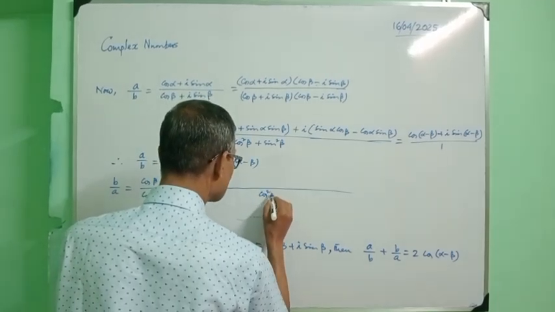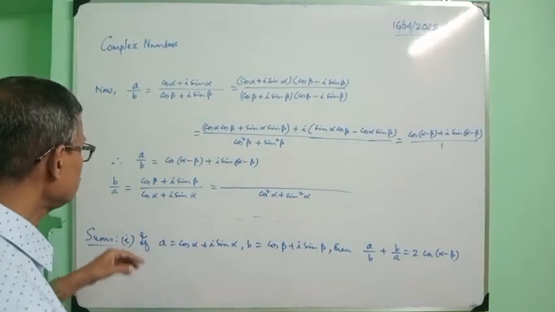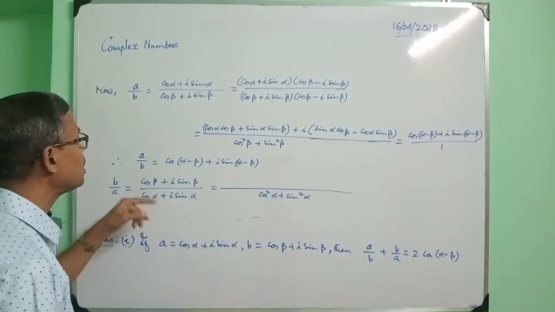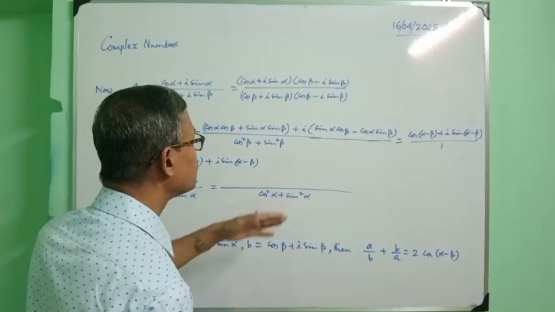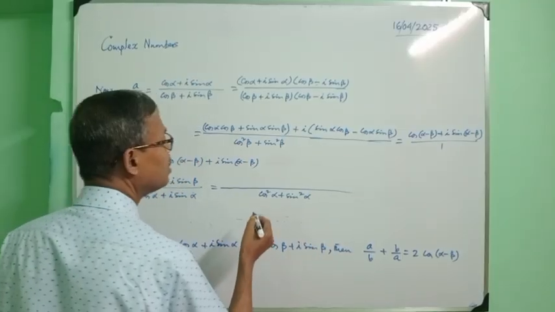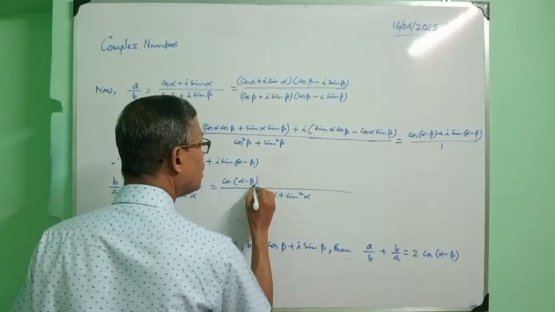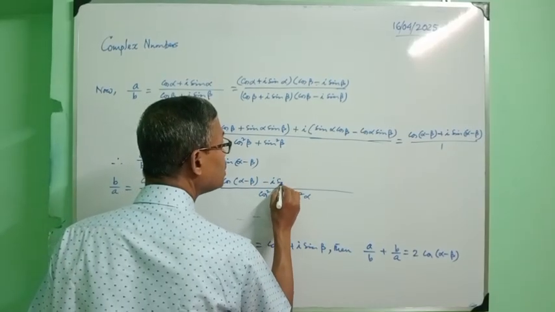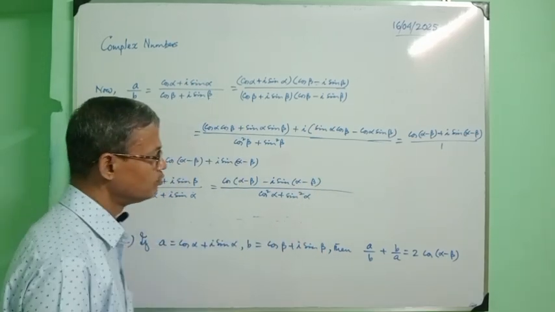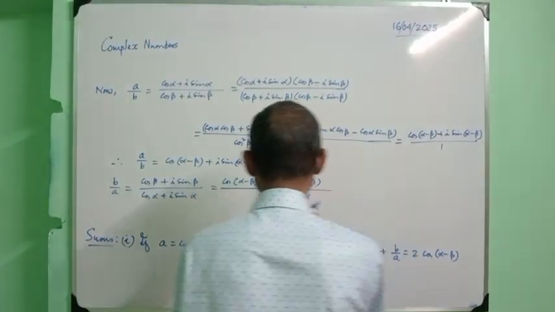Denominator will be cos square alpha plus sin square alpha. If we multiply by cos alpha minus I sin alpha, both numerator and denominator, and write the real part first at the numerator and the imaginary part, then that will be cos of alpha minus beta minus I sin of alpha minus beta. Learners are suggested to calculate yourself.